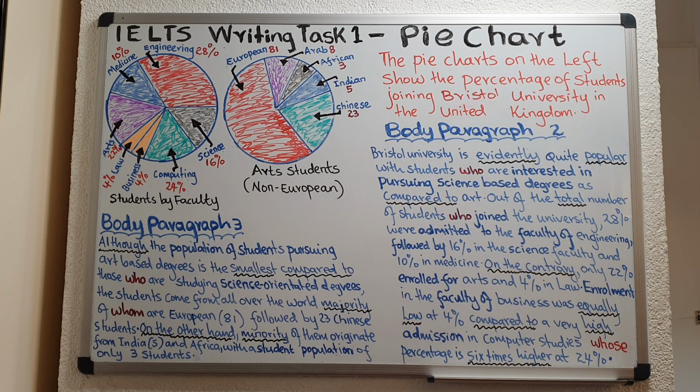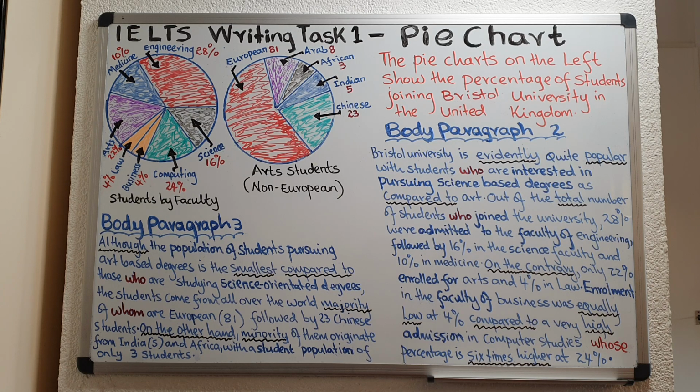So you have words, for example, popular, you have low, you have high, you have 6 times higher. All these words and phrases are comparative terms. They are terms that we use when we are comparing data, okay?